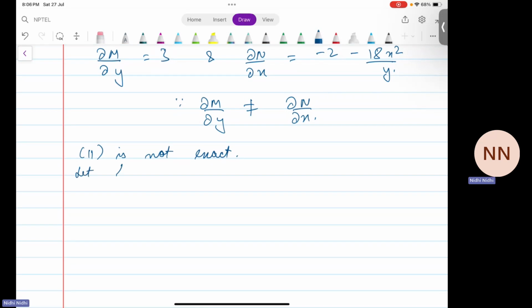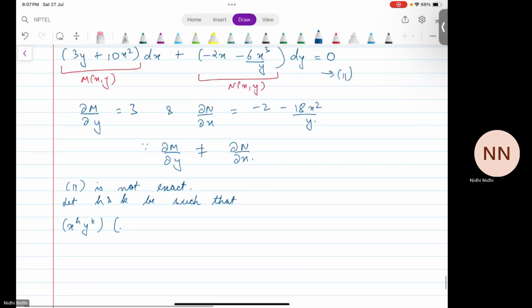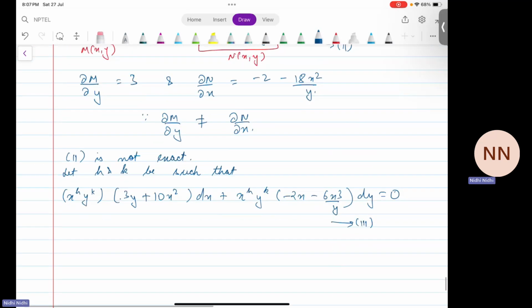Let h and k be such that if we multiply the second equation by x to the power h and y to the power k, then the third equation, equation 3, is exact.